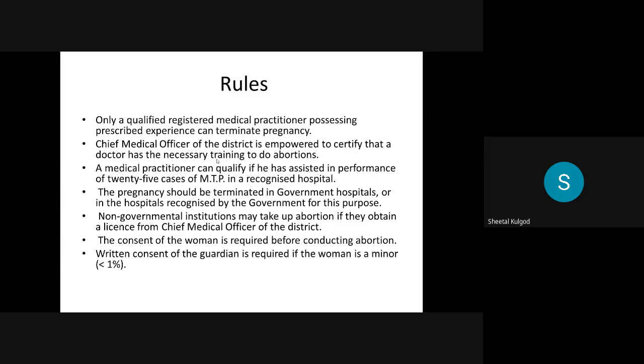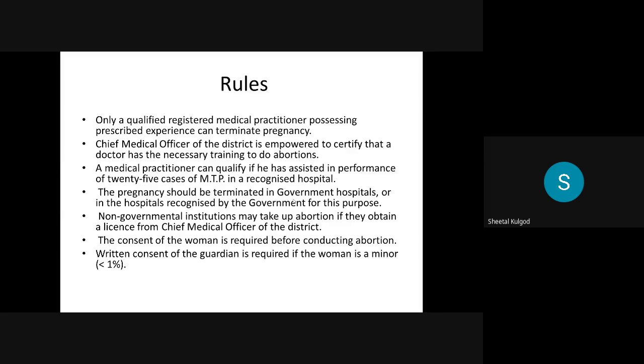We all have to apply to the DHO for a license, not only for the person to be registered to provide MTPs, but we also have to register our place. If it's a government hospital, then we need not have a permission, as it is by law allowed to be used for abortions.